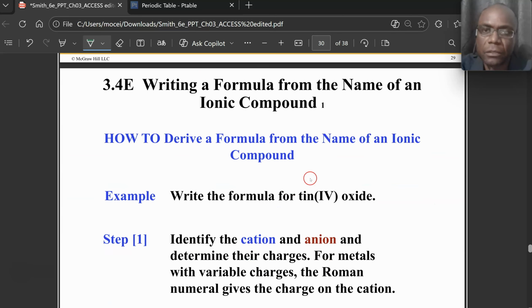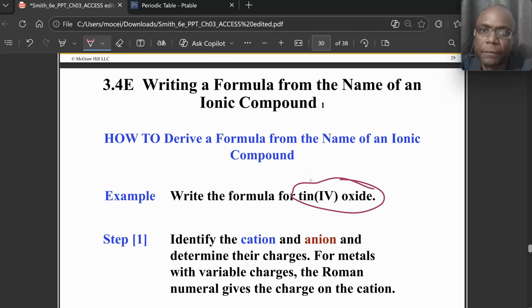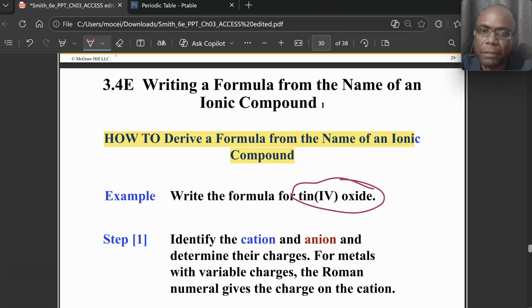Now let's do the reverse way. This time you're given a name. So the question is, how do you derive a formula from a name that is provided of an ionic compound? The way to do that, identify the metal. The metal is going to be tin. Okay, the metal is tin. The symbol for tin is Sn.